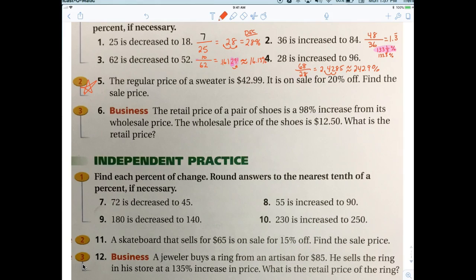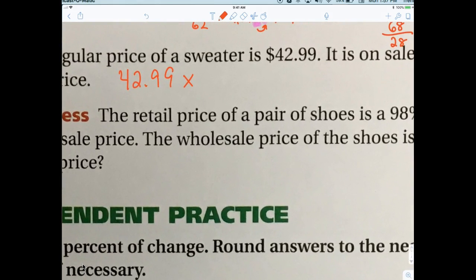Now I'm going to show you 2 ways. I want everybody to pay attention because it's going to help you out a whole bunch. If I take $42.99 and I multiply that by 20%, which is 0.2, does everybody agree?